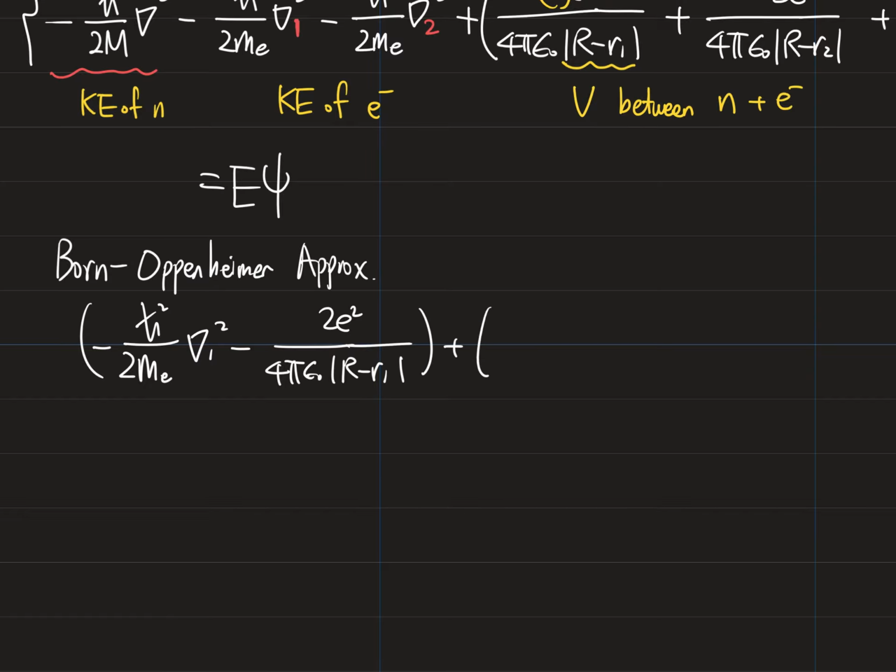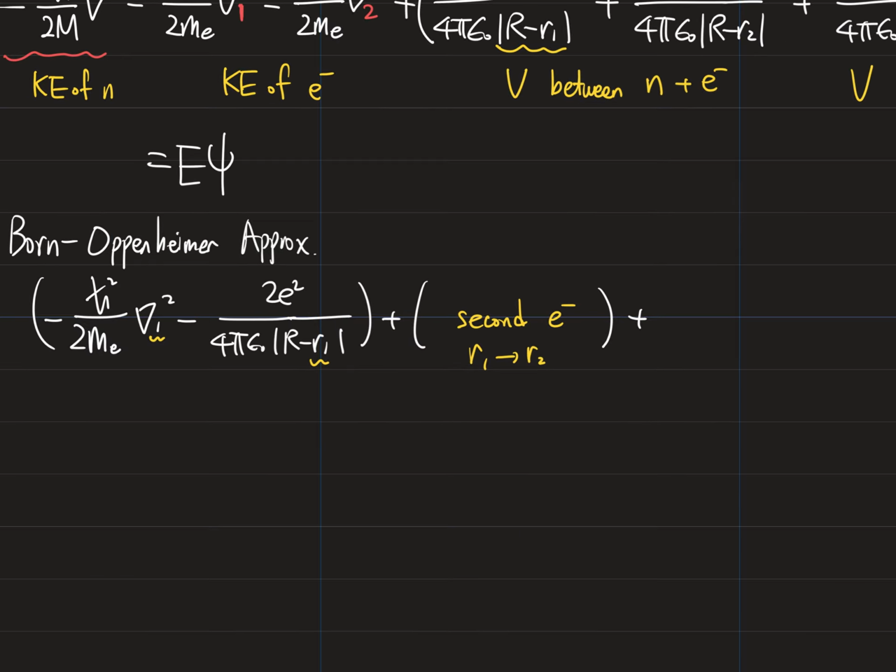So this is the equation for the first electron, and you can write down a similar equation for the second electron, right? So all you have to do is just change R1 to R2, and the remaining term is like this.